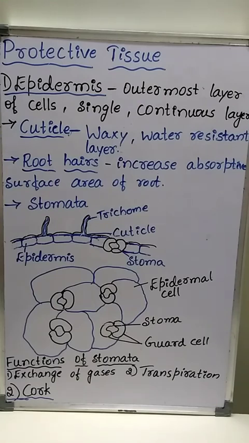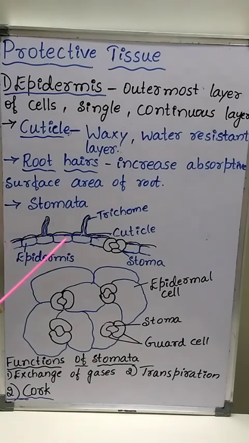And this cork is formed by a strip of secondary meristematic tissue which is located in the cortex region.